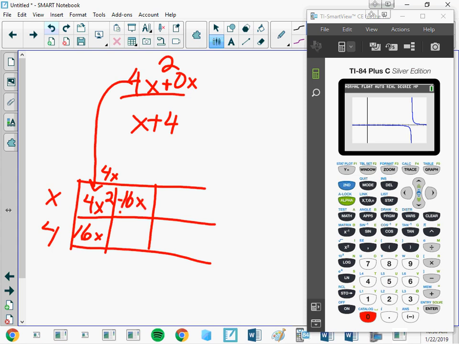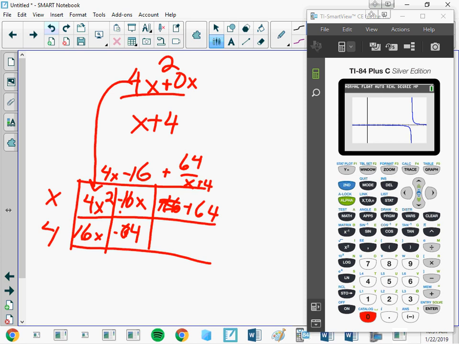So negative 16x. Pull out an x. Now what? That's it. Why? Right. The rest is just going to be a remainder. So this would be negative 64, and this would be plus 64. So it's plus 64 over x plus 4.